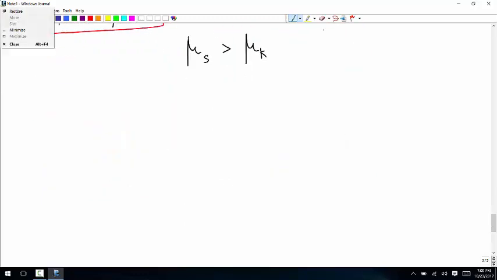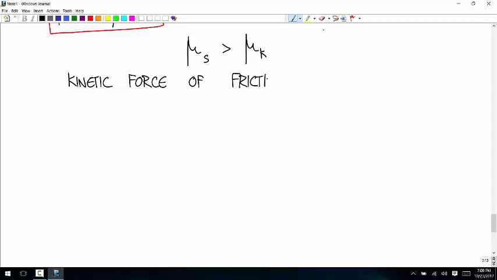Okay, so kinetic force of friction. It's a force, so that means it's a vector. We need to know the direction and the magnitude. So first, the direction is always opposite the direction of motion. Or in other words, it's always opposite the direction of the velocity vector.